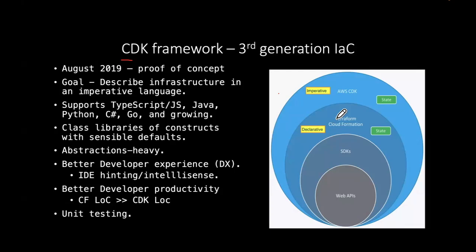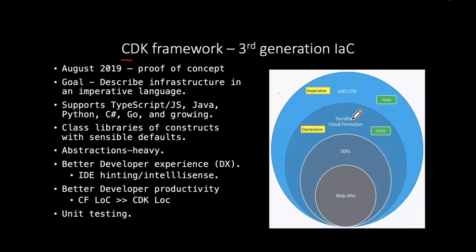The generic category for this service is what's referred to as a resource provisioning engine, because you must remember AWS are not the only cloud providers. We know of the others, and they also have their resource provisioning engine service. But in the case of AWS, it was called CloudFormation.